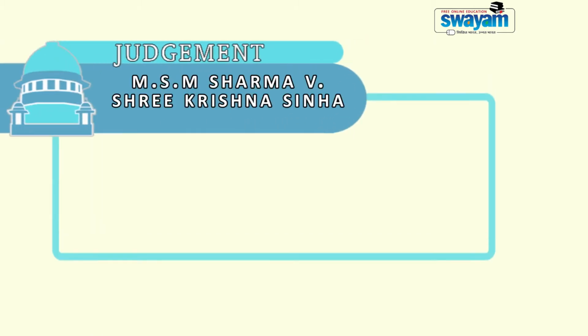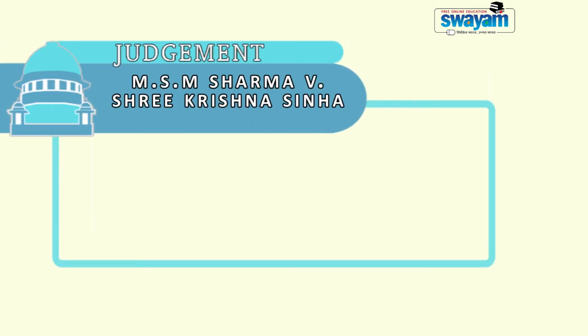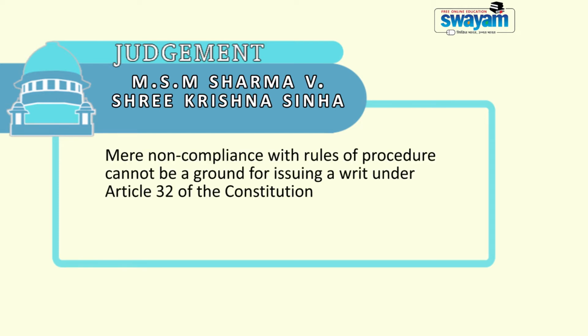In the case of MSM Sharma versus Shri Krishna, it was held that mere non-compliance of the rules of procedure is not a ground for issuing a writ under Article 32 of the Constitution.